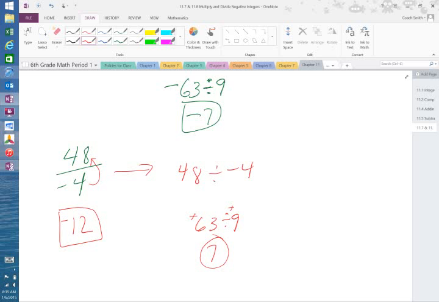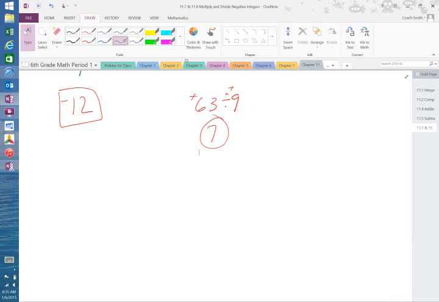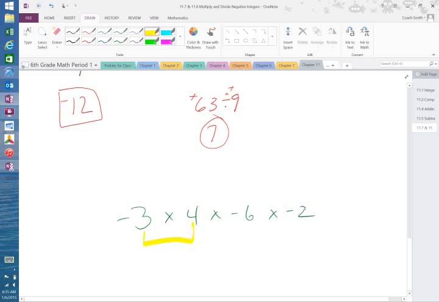Okay? If they did something like this, negative 3 times 4 times negative 6 times negative 2. We'll just take it 2 at a time. Those 2 together give me negative 12 times negative 6 times negative 2.